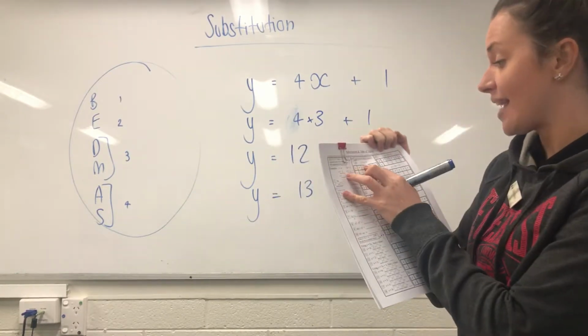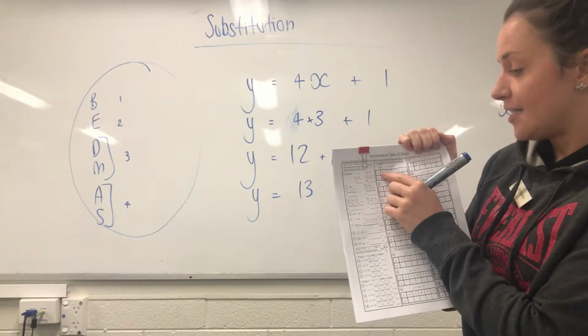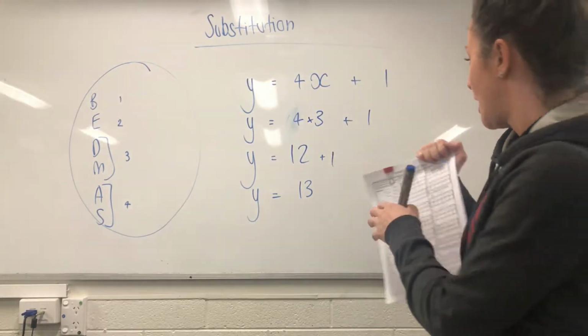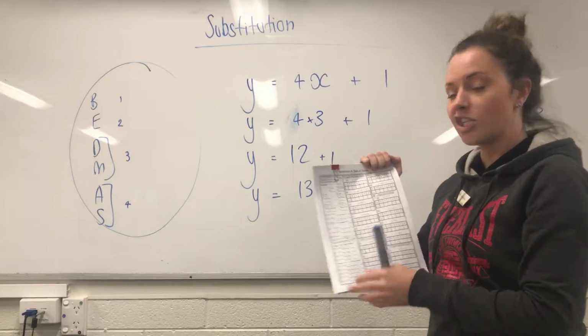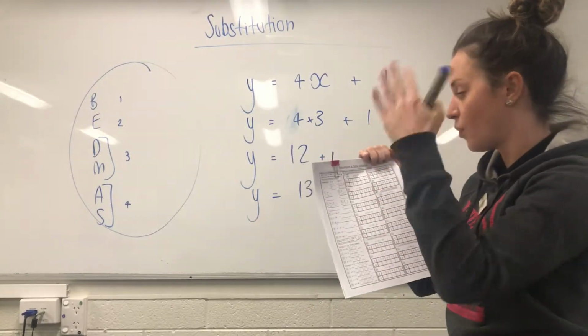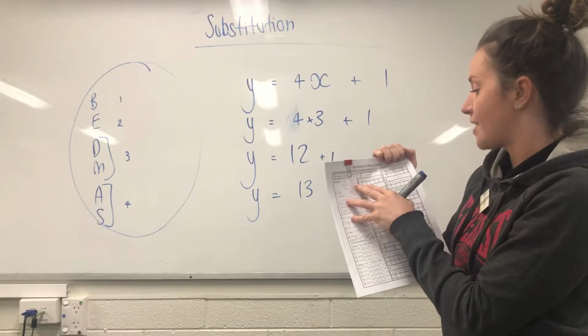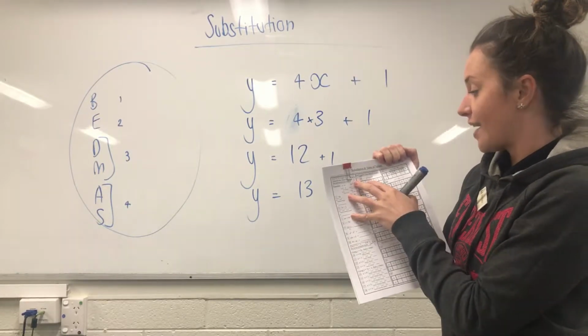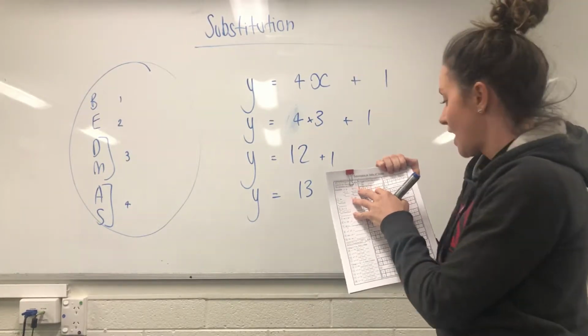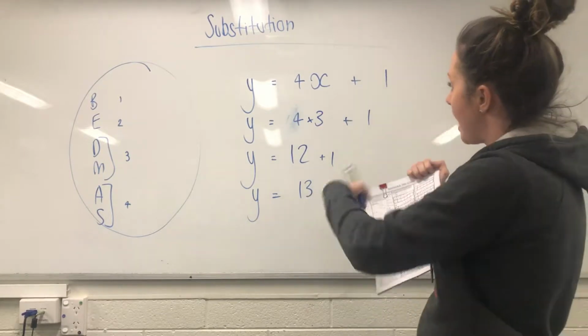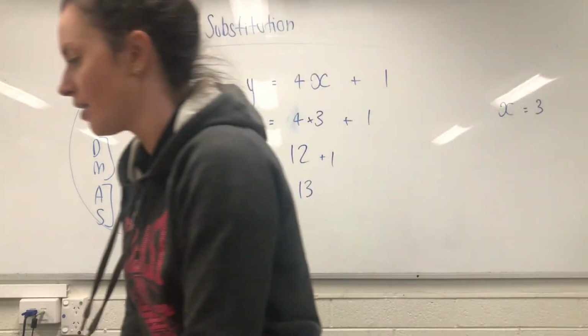So if x is 0, doing the same calculations and the same working out, what would y be if x equaled 0? Or if x equaled 1, what would y be?